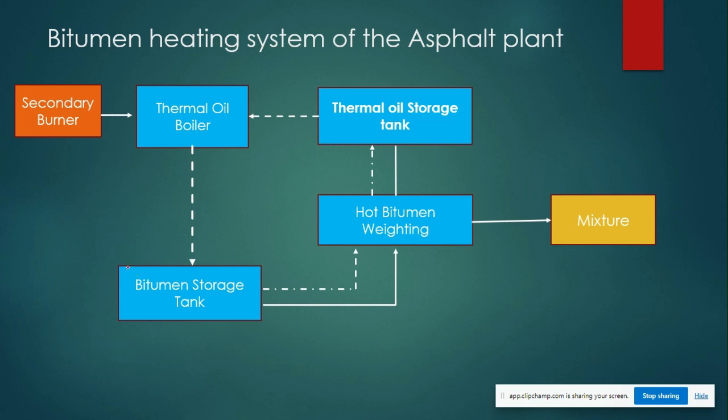There is a pipeline inside the bitumen storage tanks, directed to the hot bitumen feeding system, and it comes to the thermal oil boiler again. The thermal oil rotates along this path, and hot bitumen is directed to the mixture after heating.